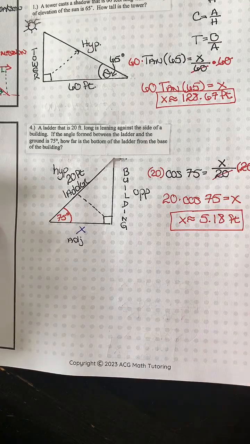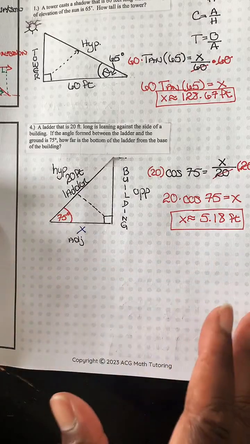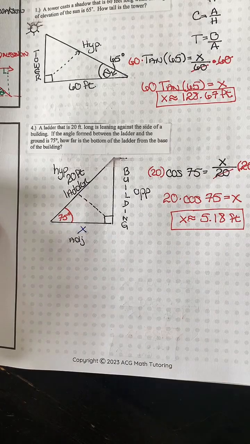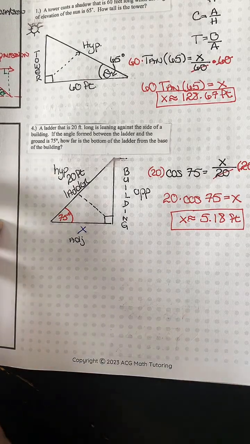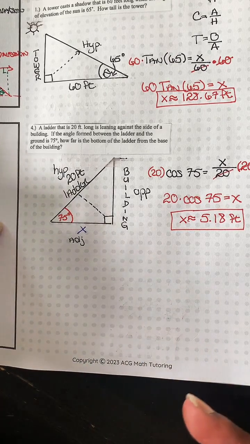Those are the type of problems when they're talking about angles of elevation and depression. We're bringing in that component of trig, but we're also bringing in a little Pythagorean theorem just in case we have to find the side in order to figure out what we need to get.